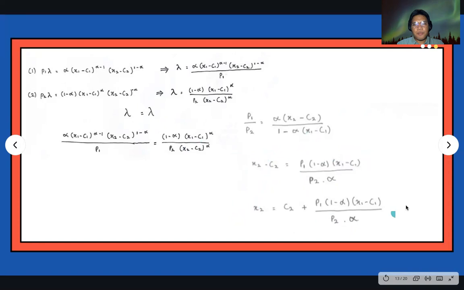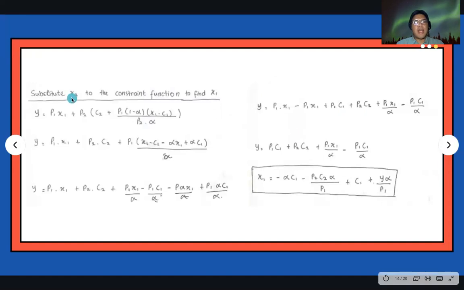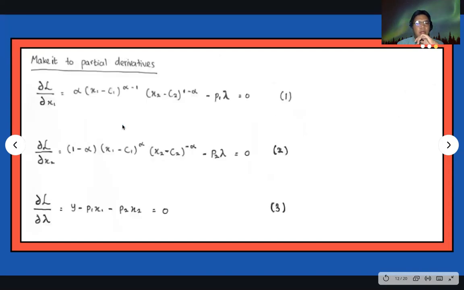So here's x2. After you find x2, you substitute x2 into the constraint function to find x1. You know the constraint function is given here.